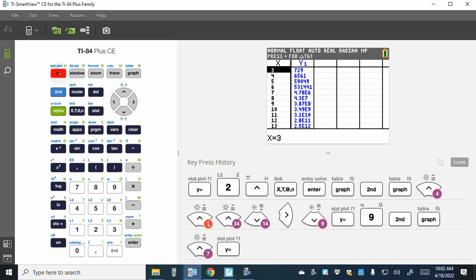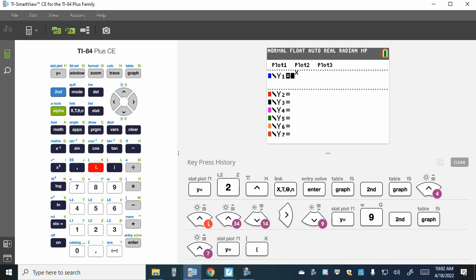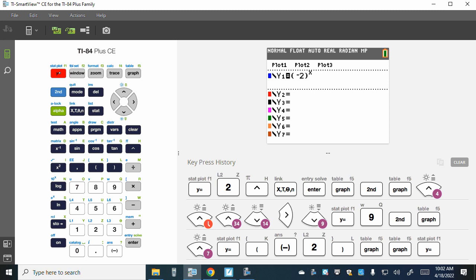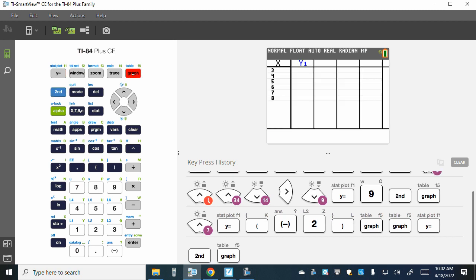And an example of that would be saying -2 to the x. Second table, because this is not a function. That's why I didn't graph it.